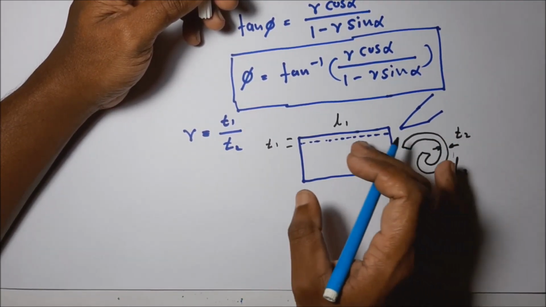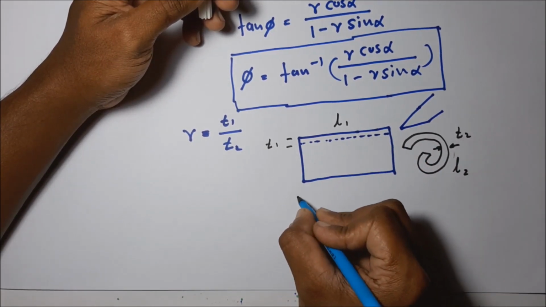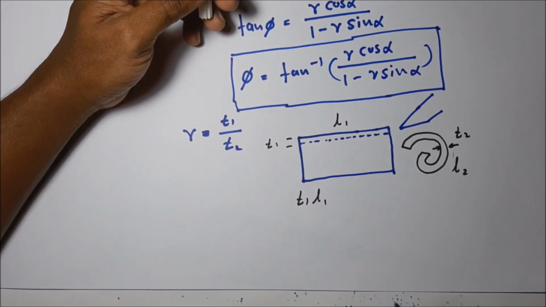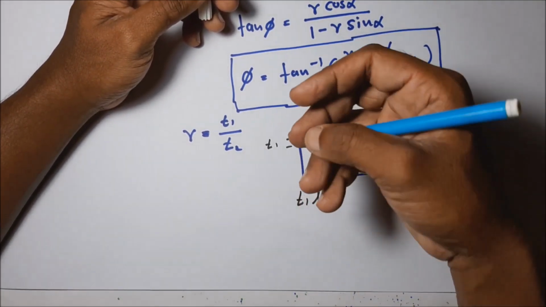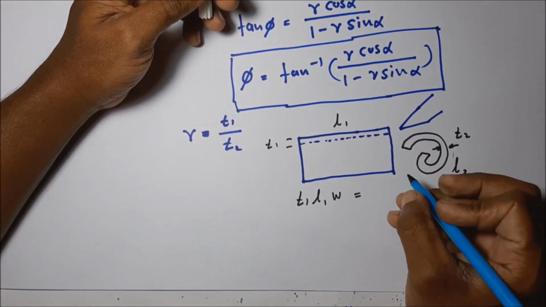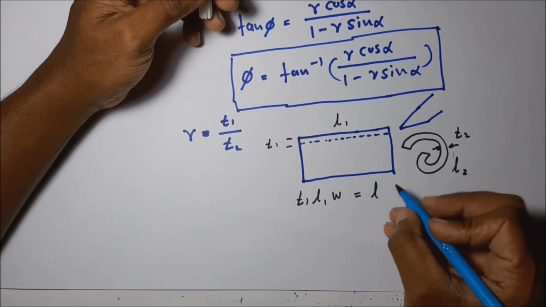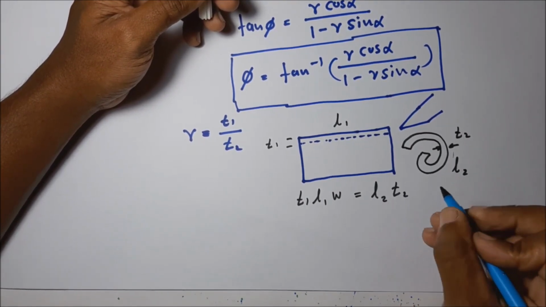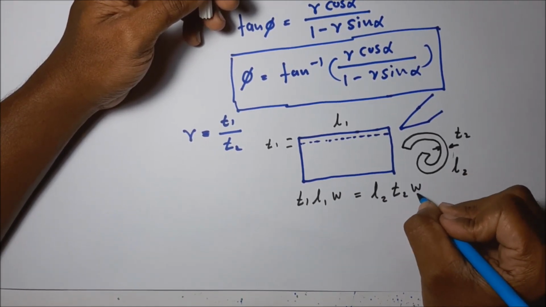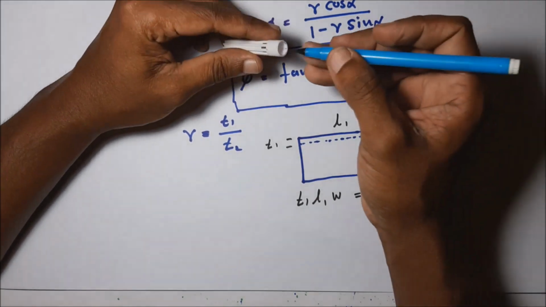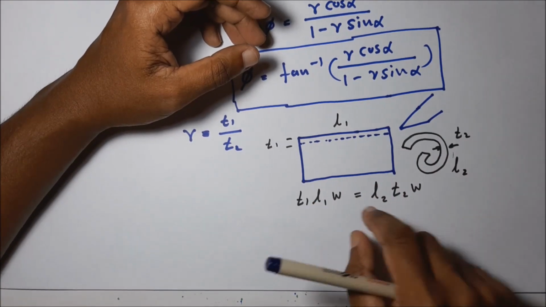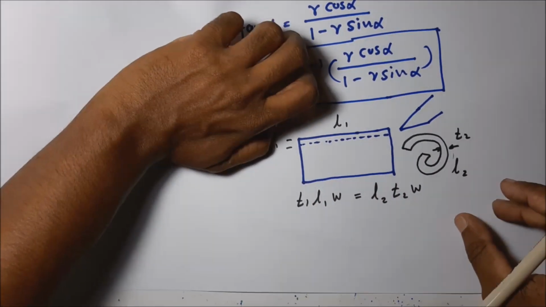So T1 into L1, with the dimension perpendicular to the surface as W, equals L2, T2, with the perpendicular dimension W. That does not vary in metal cutting. We are assuming that it does not vary, because it is a two-dimensional metal cutting operation.